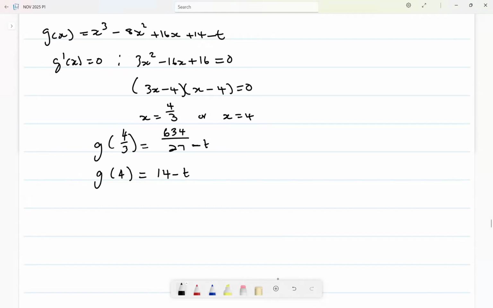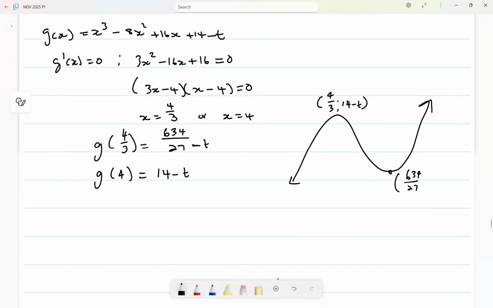Now let's say we have a graph like that. We have the coordinates here, 4 divided by 3 and 14 minus t, and then we have the other one here, 634 divided by 27. So these are our turning points, by the way. I'm going to just write the y values. The y values are going to be 634 divided by 27 minus t, and then 14 minus t.